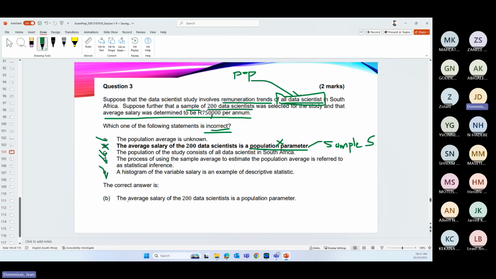That is correct as well. Okay, so the one that is wrong is where it refers to population parameter, because it is actually a sample statistic.